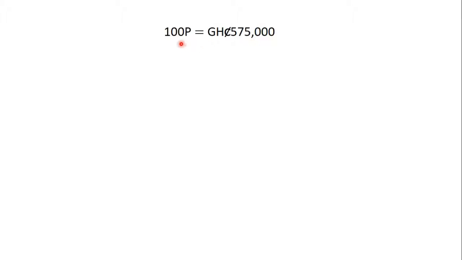To find P, you divide the left-hand side by 100 and you divide the right-hand side by 100. And when you do that, P will give us 575,000 Ghana cedis divided by 100. And this will give us 5,750 Ghana cedis.